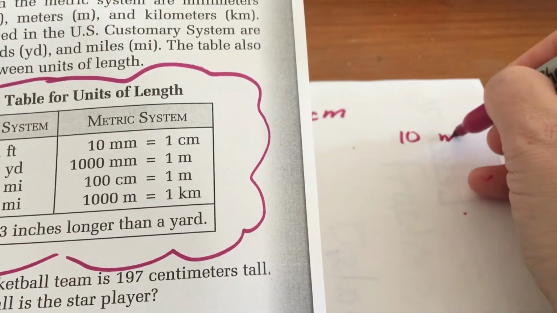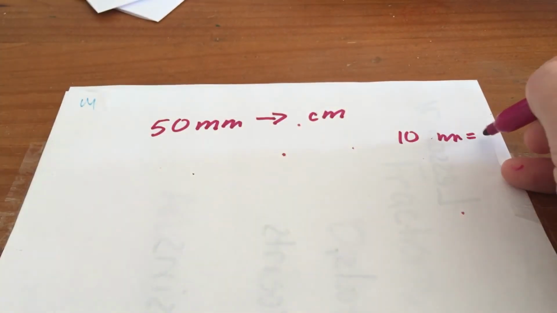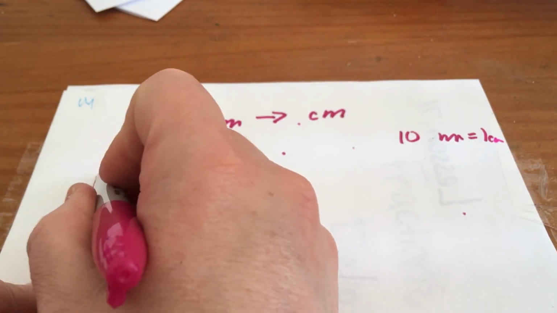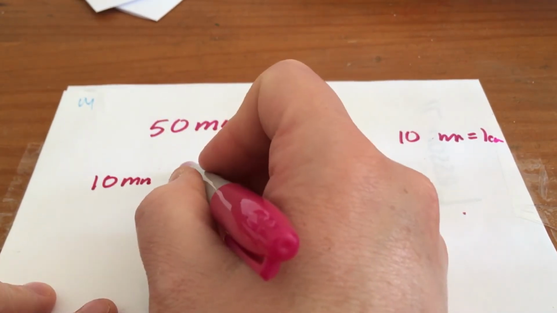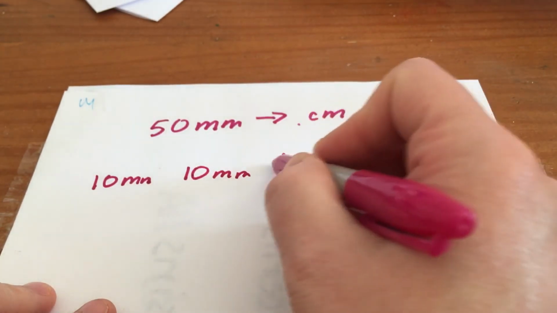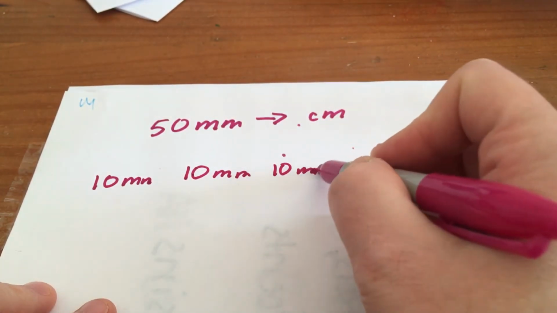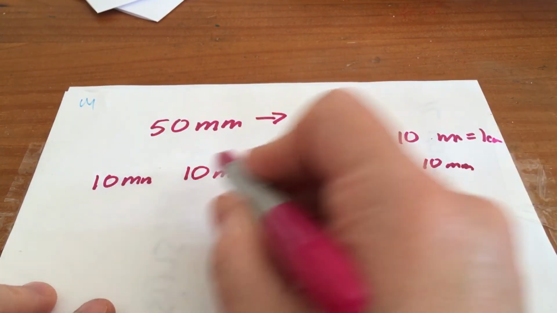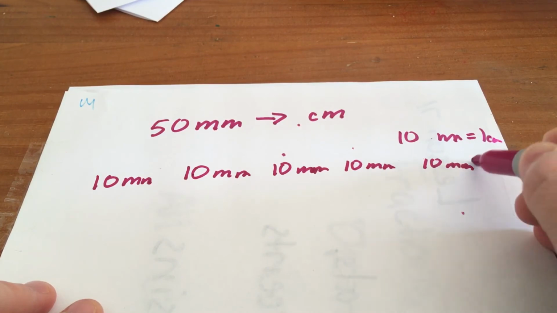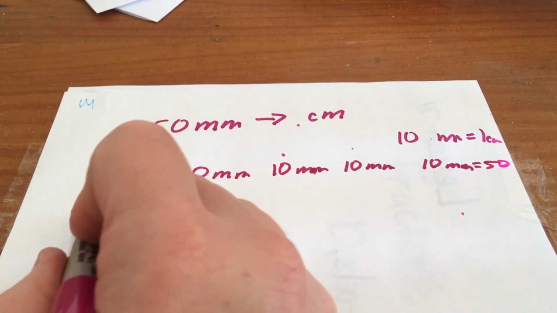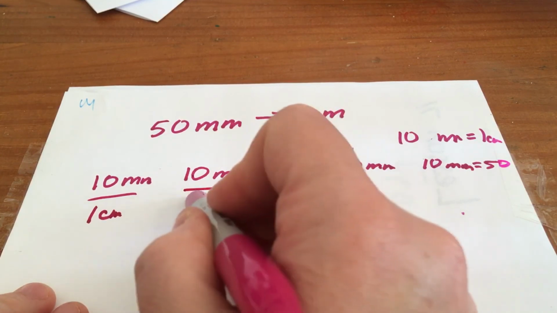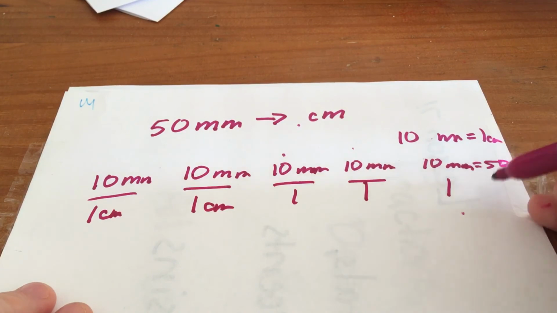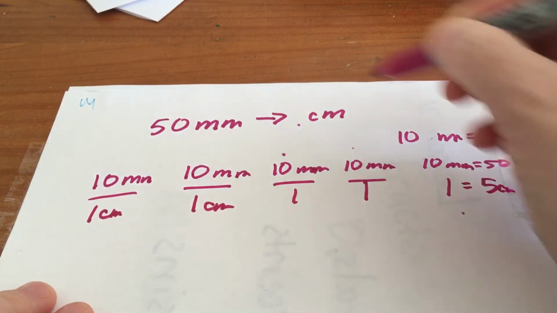So we can either count up 10 millimeters, 10 millimeters, 10 millimeters, 10 millimeters, 10 millimeters, 10, 20, 30, 40, 50. And each one of these is 1 centimeter, 1 centimeter. And you get the picture. So 50 millimeters equals 5 centimeters.